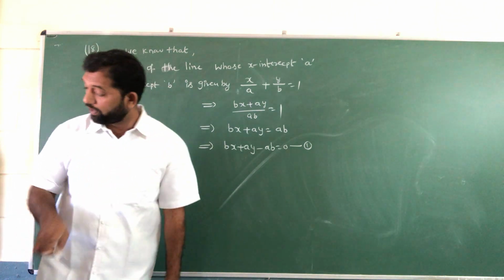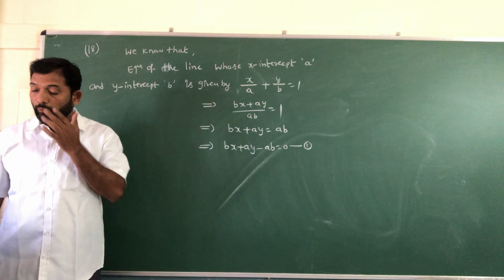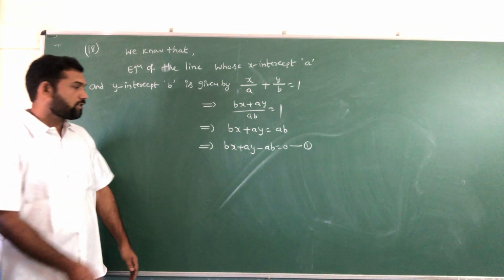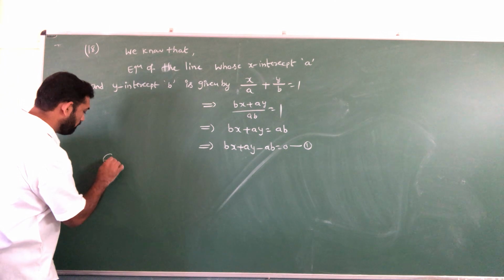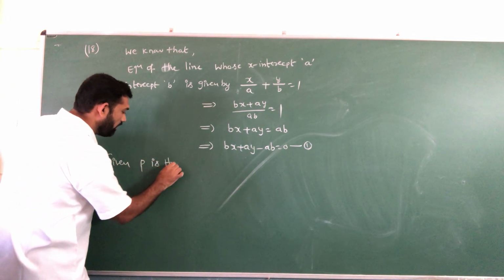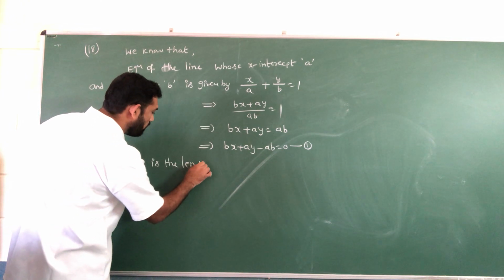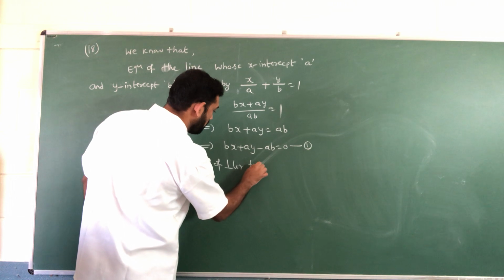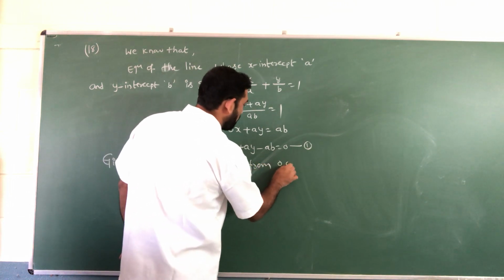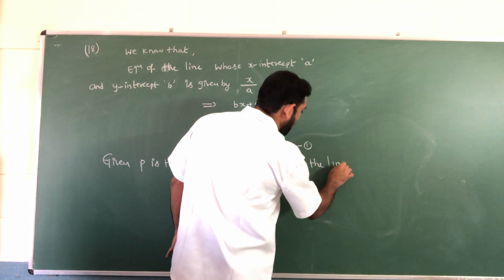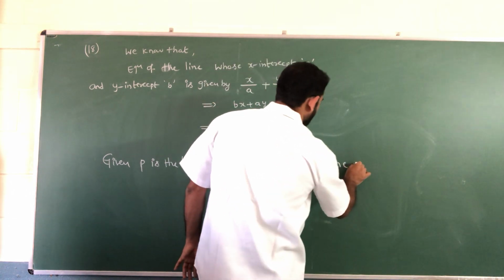So what is given, you have to read once again. If P is the length of the perpendicular from 0, 0 to the line.